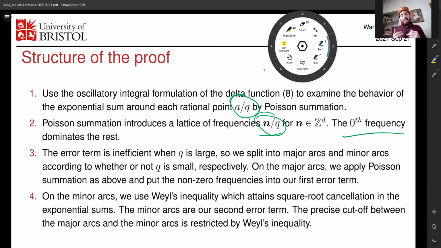This basically says that when Q is large, you have a lot of randomness in the exponential sum in a quantitative way, and you get a hold of that without doing Poisson summation. You do a different process entirely. The minor arcs will be handled by that, and that'll be our second error term. We're going to have to optimize, of course, where we choose our major arcs and minor arcs.